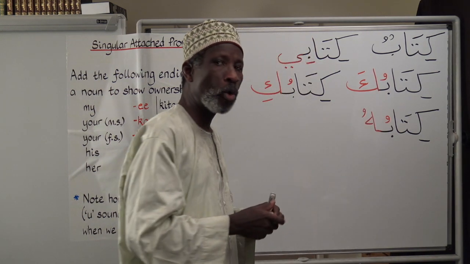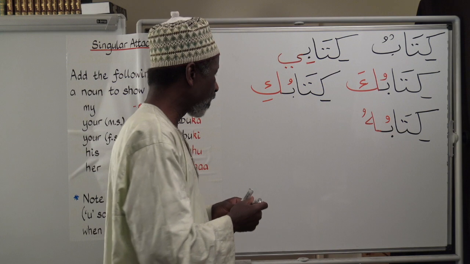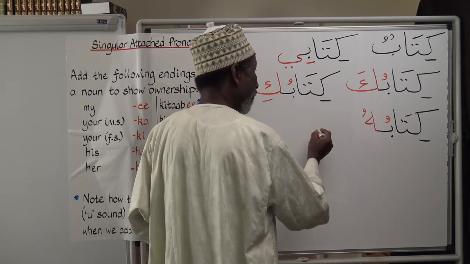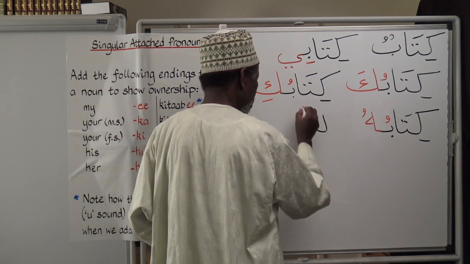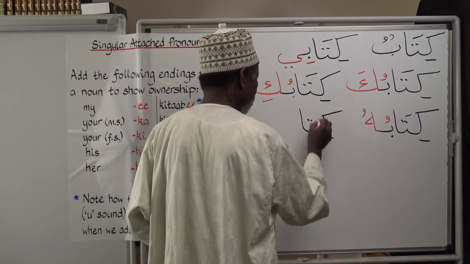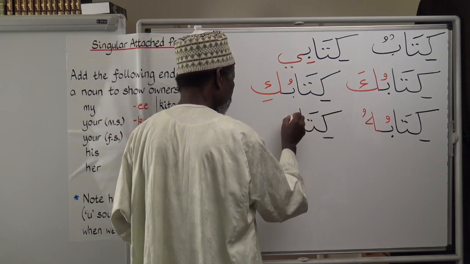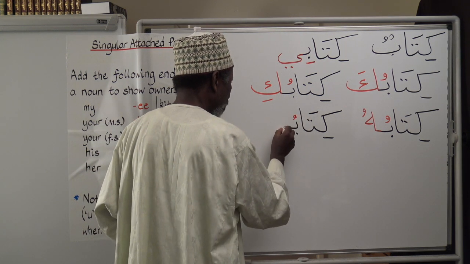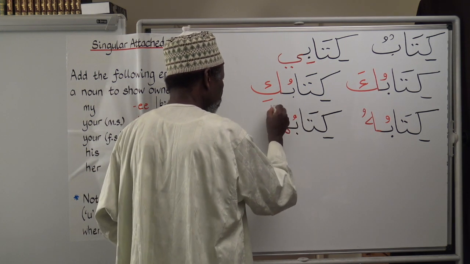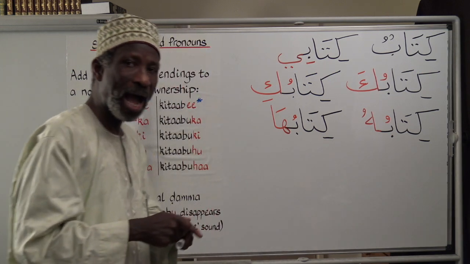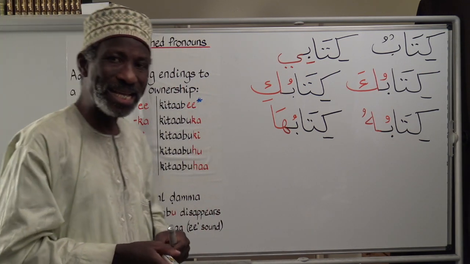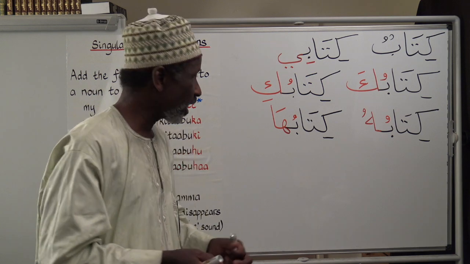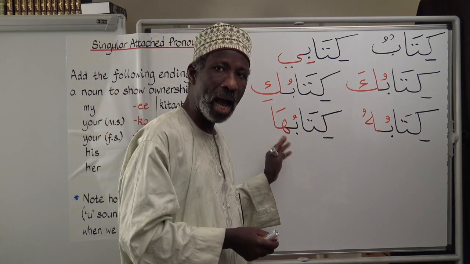So kitabu hu. And if I'm speaking about a female, I would say kitab, and then put u as well, and now put ha instead. So kitabu ha. So the ending for his and hers is hu and then ha.